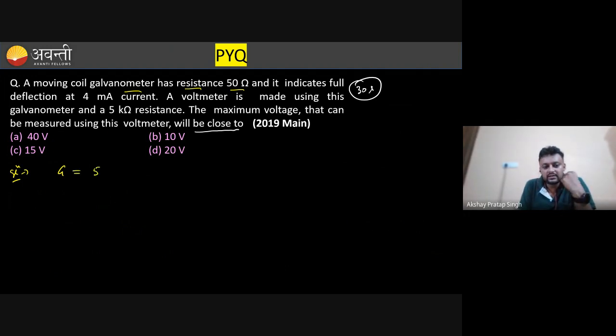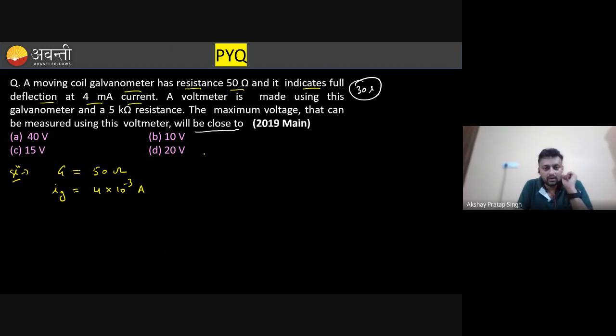Resistance of galvanometer is given as 50 ohm. And it indicates full deflection at 4 milliampere current. Full deflection means full scale deflection current, that is denoted by Ig, which is 4 milliampere. You can write it as 4 into 10 raised to the power minus 3 ampere.